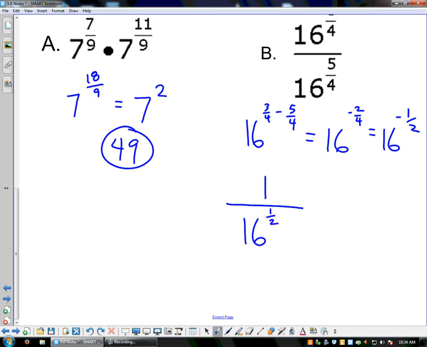So that's equal to 1 over 16 to the 1/2. Which is 1 over, remember we would write that as the square root of 16. This denominator becomes the index, but I don't really need to write a square root. And then my final answer would be 1/4, because the square root of 16 is 4.